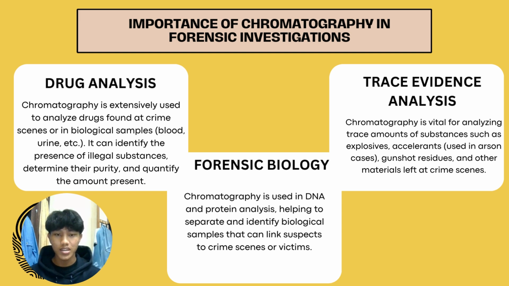Chromatography is used in DNA and protein analysis, helping to separate and identify biological samples that can link suspects to crime scenes or victims. Lastly, trace evidence analysis. Chromatography is vital for analyzing trace amounts of substances such as explosives, accelerants, gunshot residue, and other materials left at crime scenes.